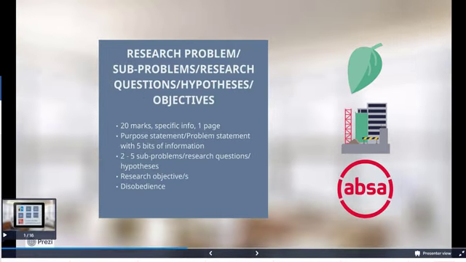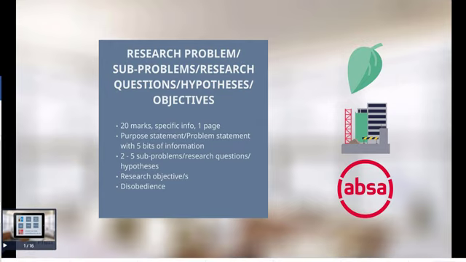Then the next section is the research problem. Now, this section counts 20 marks. It's a big section. So keep it in mind when you write that it's an important part of the assignment because it's heavier in terms of marks. But what is different from this section than for other sections, it will be shorter.